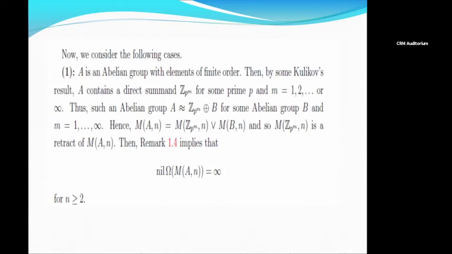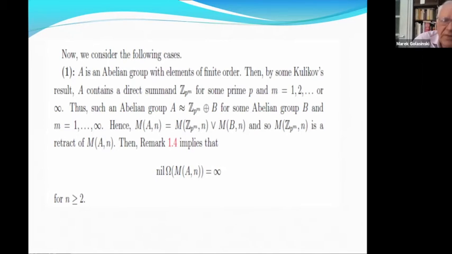M could be infinite. No, but Moore space has this property that if you have a direct sum of groups, then the Moore space on the direct sum is the wedge of the factors.